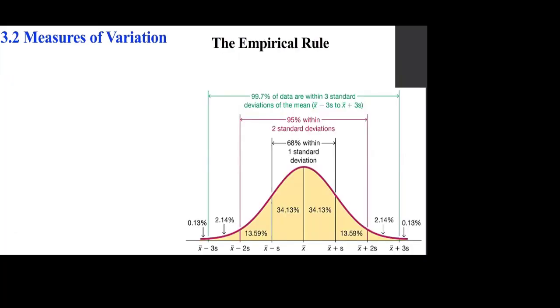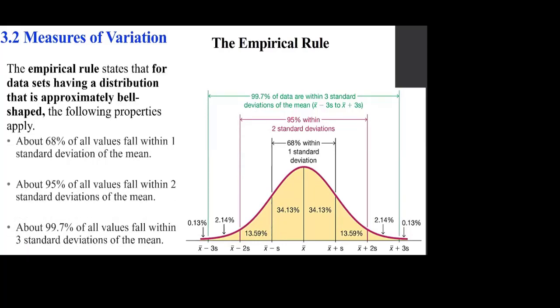This graph was given in the beginning when we discussed the synopsis of what we did. This is known as the empirical rule. The empirical rule states that for data sets having a distribution that is approximately bell-shaped, the following properties apply. About 68% of all values fall within 1 standard deviation of the mean. About 95% fall within 2 standard deviations of the mean.